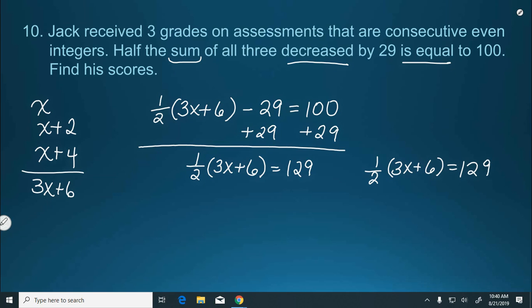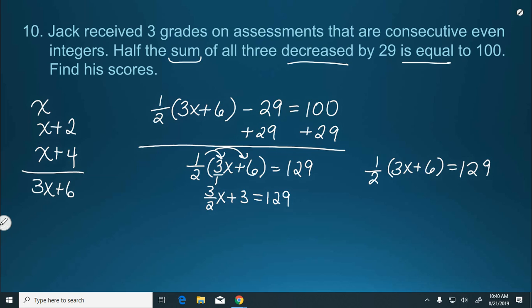I could either distribute the 1/2 first or multiply both sides by 2. So here, if I distribute 1/2 first, I get 3/2 x plus 3. Okay, 3/2 because it's 1 times 3 is 3 and 2 times 1 is 2, equals 129.